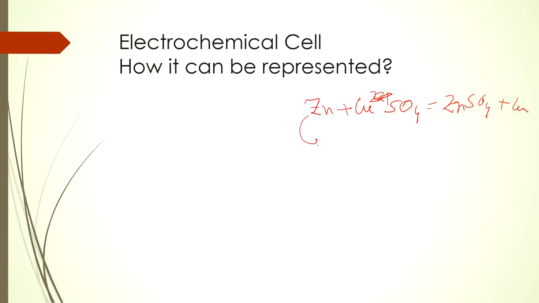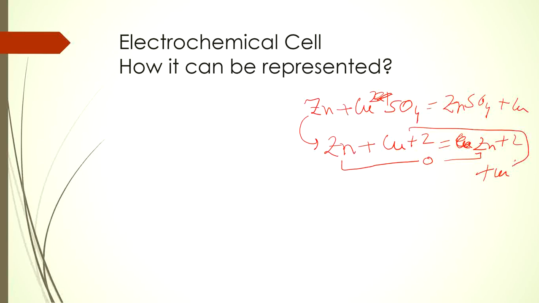Again, you can write it as zinc plus copper 2 plus, which we saw in the last slide, giving zinc 2 plus plus copper, and we have come to know that this is the oxidation reaction and this is the reduction process. Okay, so this was step 1.